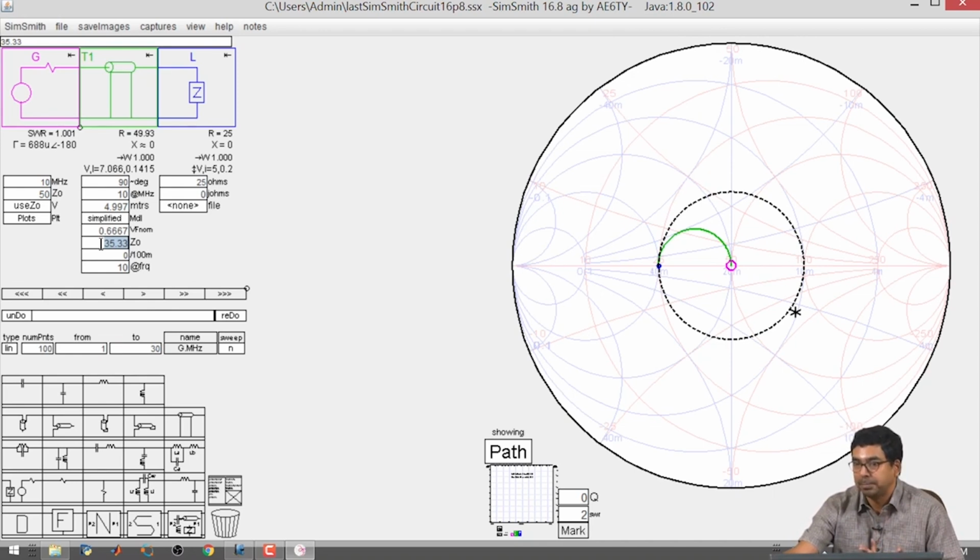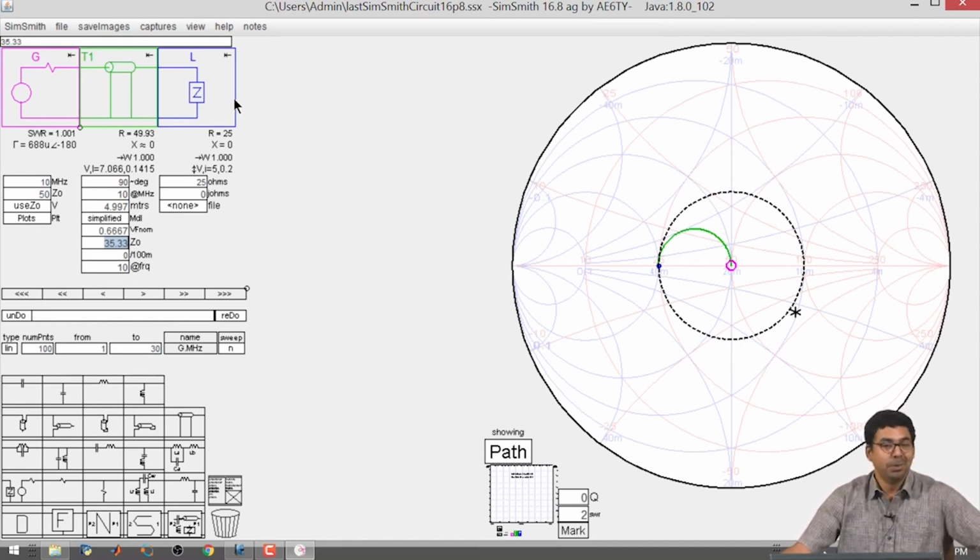Are there any other ways to do this? Yes, there are multiple ways of doing this, but before going there, let us also see some more details as to what the cases can be. So, first, for now I have assumed the load to be real.